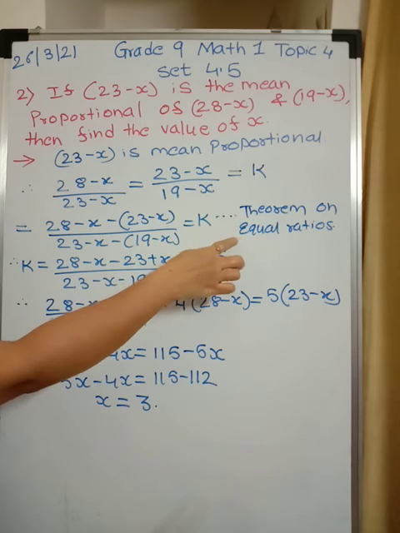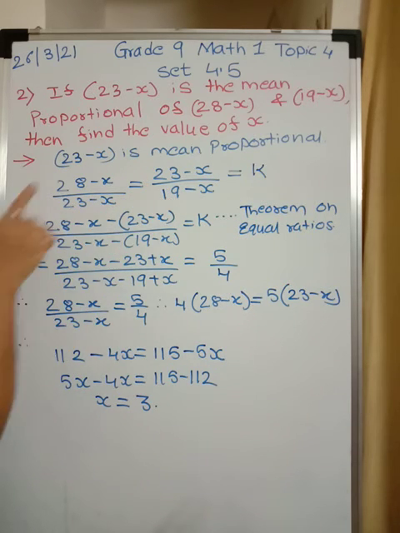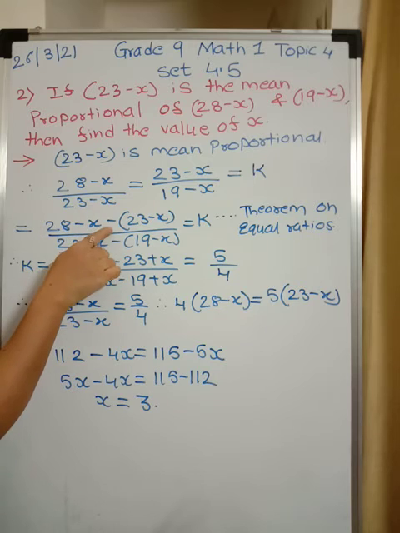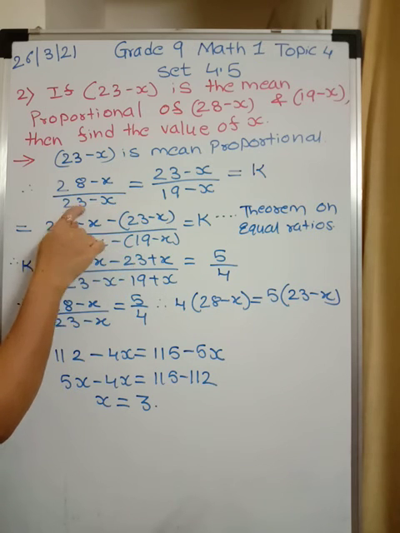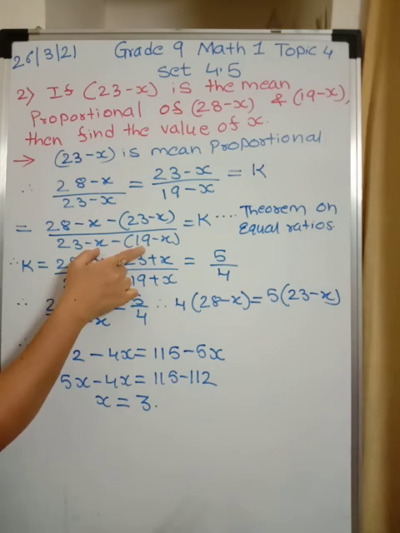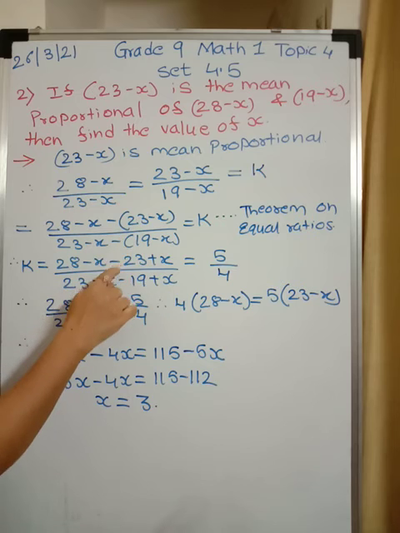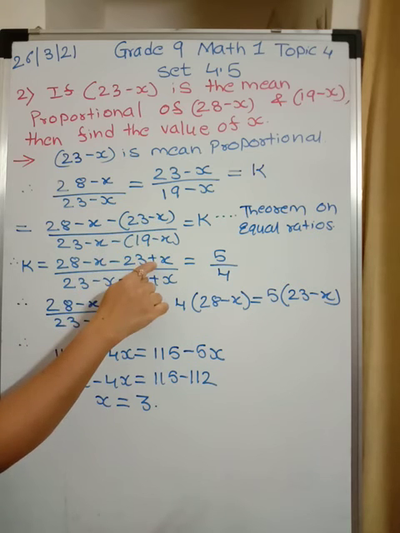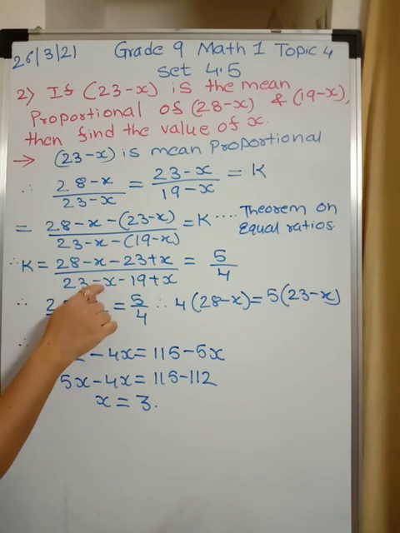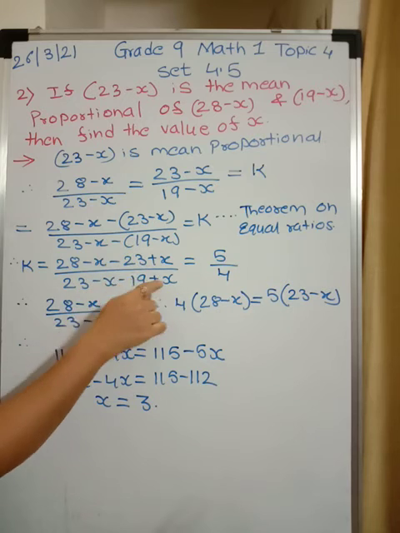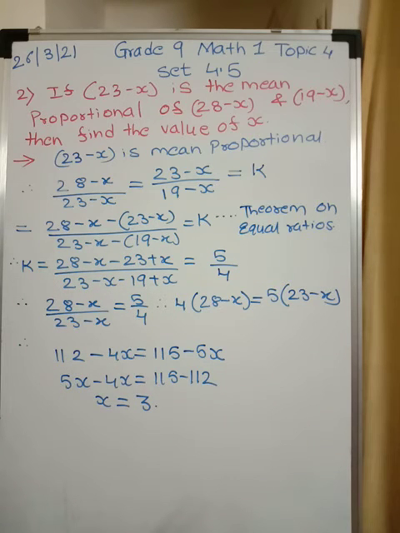But as per the theorem on equal ratios, these two ratios are also equal to the ratio where we subtract numerators and subtract denominators. So after opening the brackets, we get 28 minus x minus 23, minus into minus plus x, upon 23 minus x minus 19 plus x, just like the previous problem.